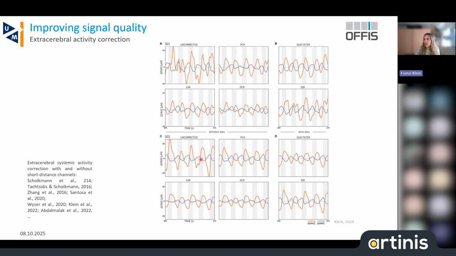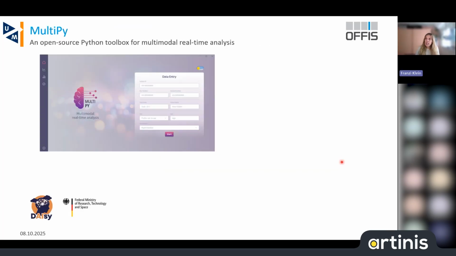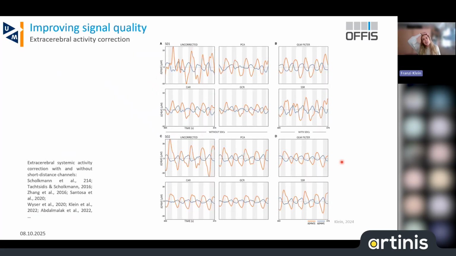For this one, it's not that bad, but still you see that the signal looks very different, and also that we don't have these extensive amplitudes, because these are actually coming from the extracerebral activity and have nothing to do with the brain-related activity. So a lot of signal quality improvement.